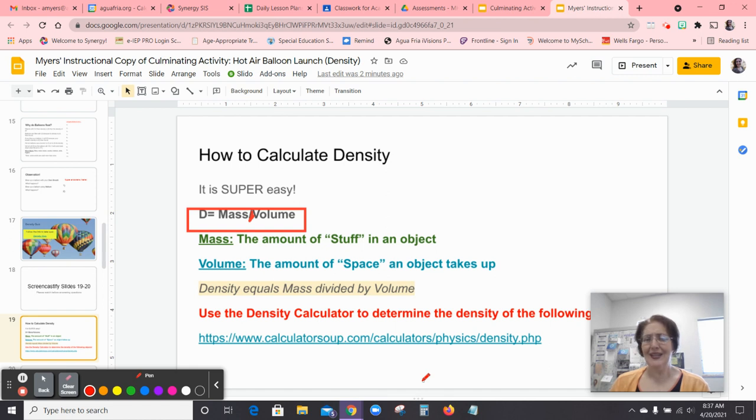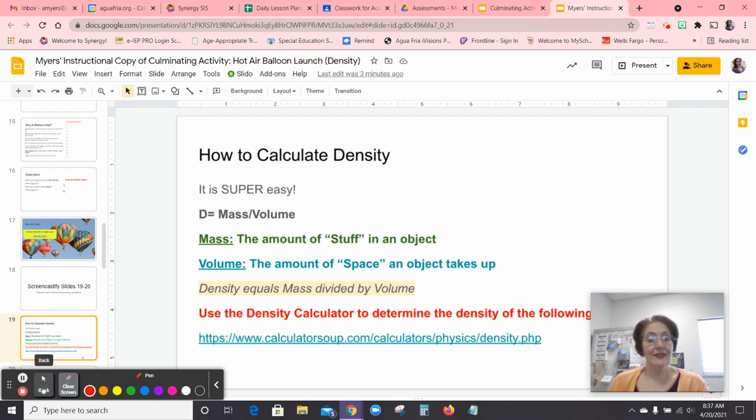So what is mass? Mass is sort of like weight. It's kind of how much something weighs. Divided by volume. And volume is how much space is available inside of an object. When we think about volume, we think about how much it can fill.